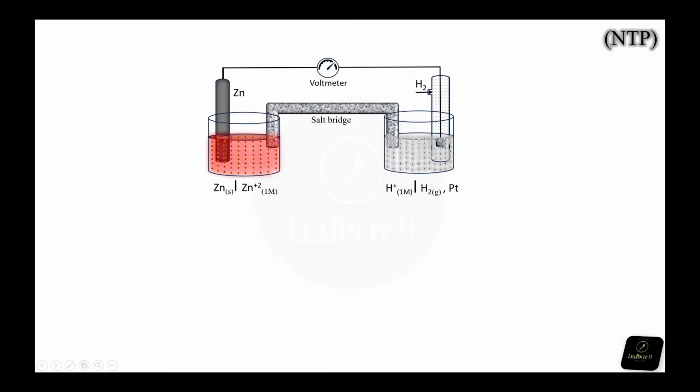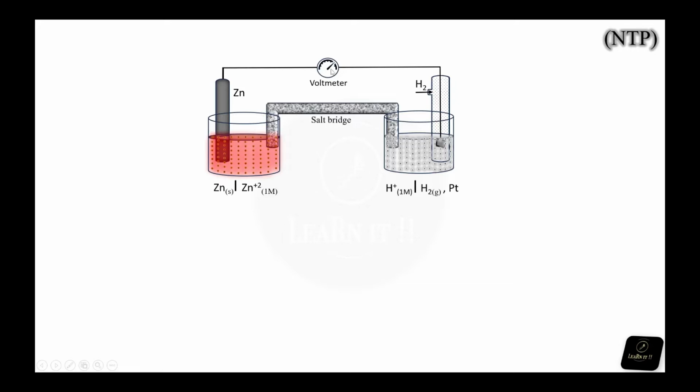Then the H plus ions present in the acid, or electrolyte, gain those electrons and convert into hydrogen gas. So zinc undergoes oxidation, hydrogen undergoes reduction. Zinc acts as an anode, hydrogen acts as a cathode.